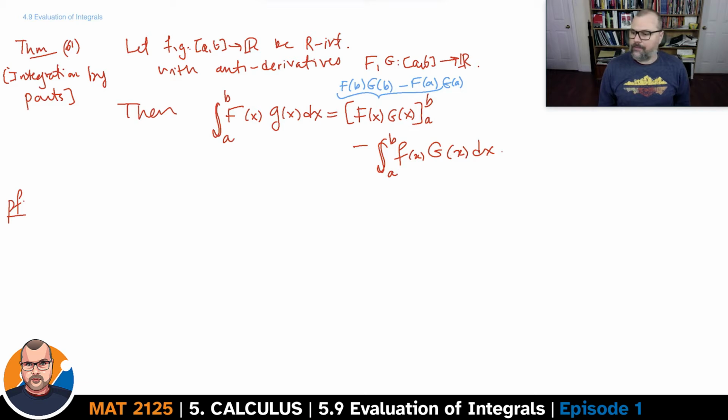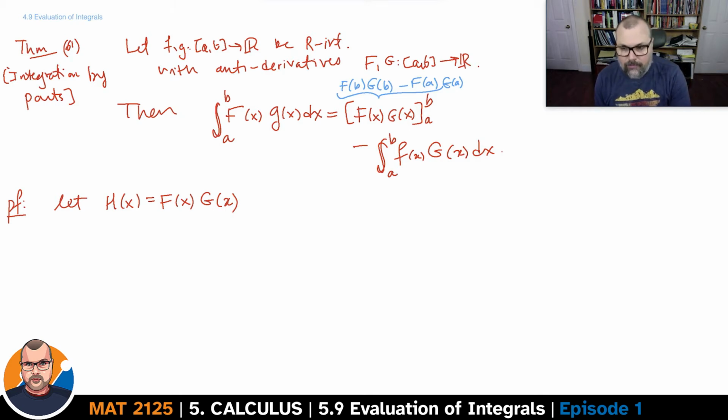How do we prove this? Let's look at the product h equals capital F with capital G. Now F and G are both differentiable on account of being antiderivatives of little f and little g.